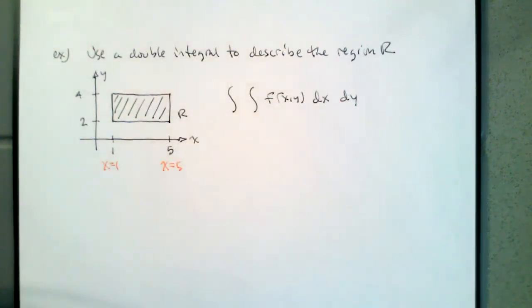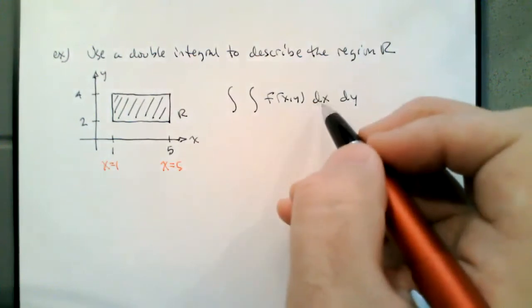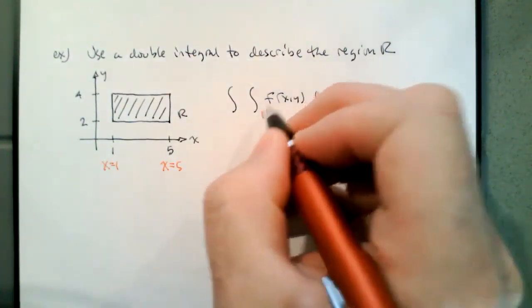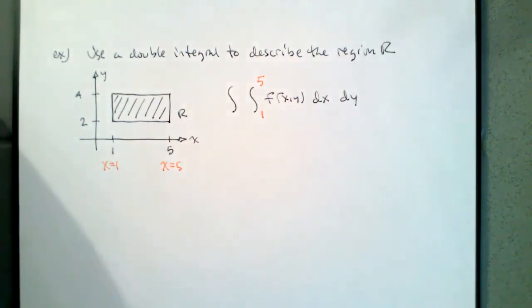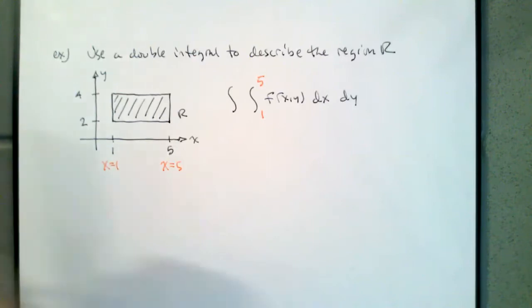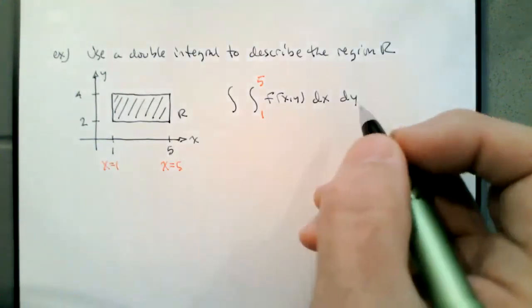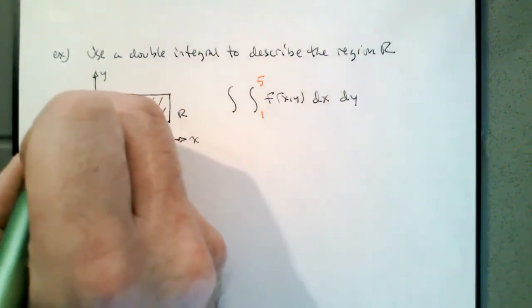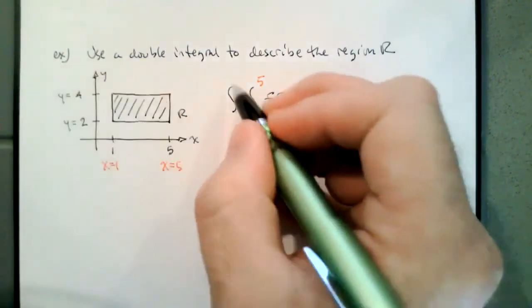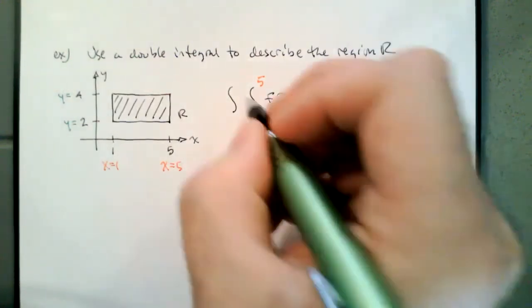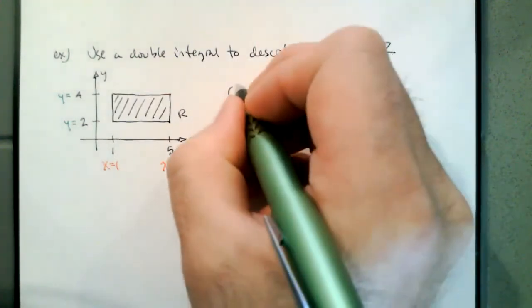So my dx part will go from 1 to 5, because those are the X values, the left and right, the lowest and highest X values. And then for my dy, my Y values start off at 2 and go up to 4. So on my Y integral, I'm going to go from 2 to 4.